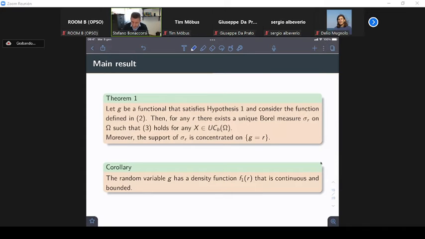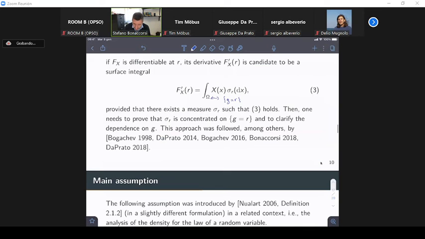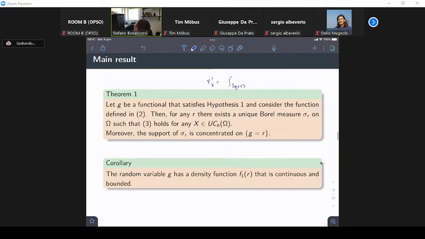So the formula 3, I remember, is just the fact that f prime of x is the integral on g equal r of x sigma r dx, notation as above. And moreover, which is even most interesting for us, the random variable g has a density that is continuous and bounded.